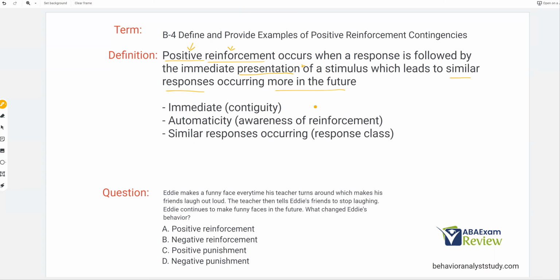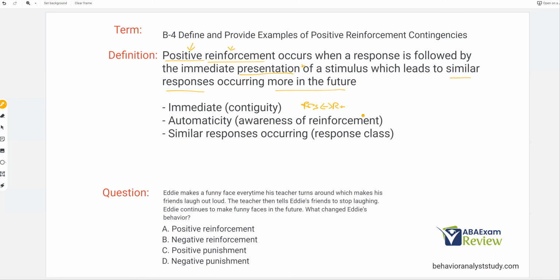All those responses in the class serve the same function, because very rarely do responses all look the same. So we can't just say we're reinforcing a single response when the next response could look slightly different, serve the same purpose, and still be affected by reinforcement. When we talk about immediacy, we're talking about contiguity, meaning when the response happens, you want the reinforcement to happen as soon as possible.